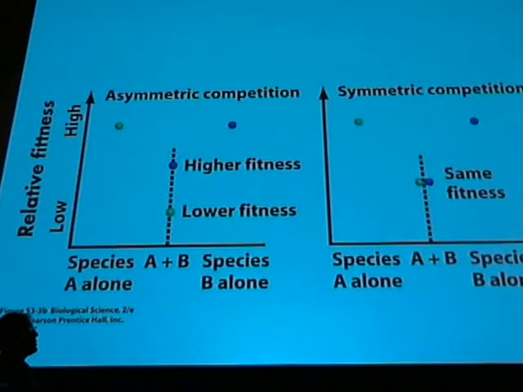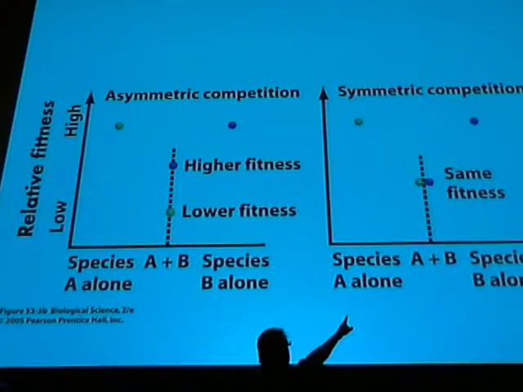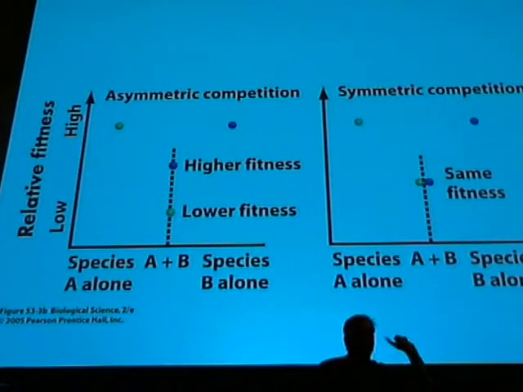What you can see is the relative change in fitness as a consequence of the competition, how much the green and purple decreased from where they were when they were grown alone. In this example, here's asymmetric competition. You see both of them had a decrease in fitness, but the decrease in green was much greater than the decrease in purple. Whereas here, purple and green decreased exactly the same amount. It was symmetric competition. Now, which one of these accurately represents the example we gave?